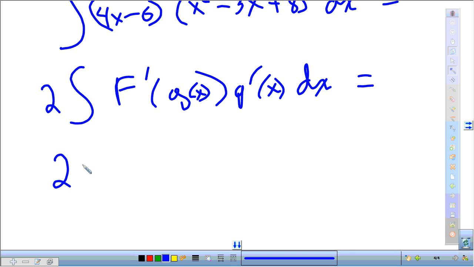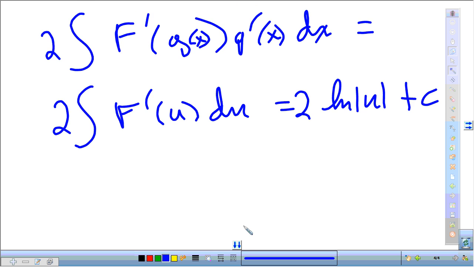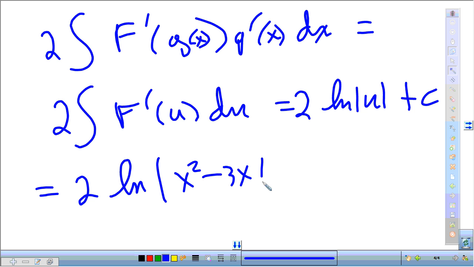So I will get 2 of these f prime of u du, if I like. And I determine this particular integral as natural log of u. And then, we had the substitution, u was actually g of x, so x squared minus 3x plus 8.